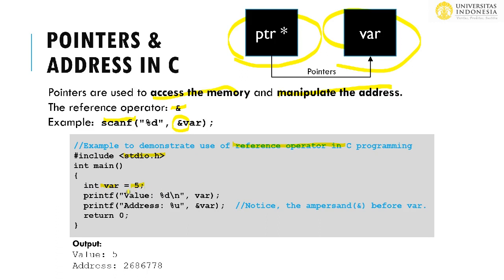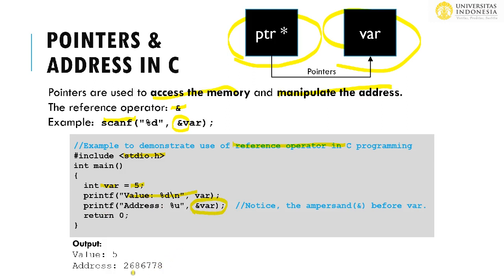Assign var equal 5, and then you can print the variable directly using printf the value of var, and also add some information about where var is located in the memory. So you print the address of var by using printf with ampersand var, or address of var.